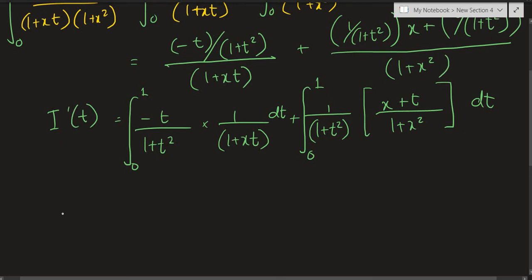Let's actually go ahead and simplify this big time. So we have this outside the integral, negative t divided by 1 plus t squared, everything is a constant outside the integral.